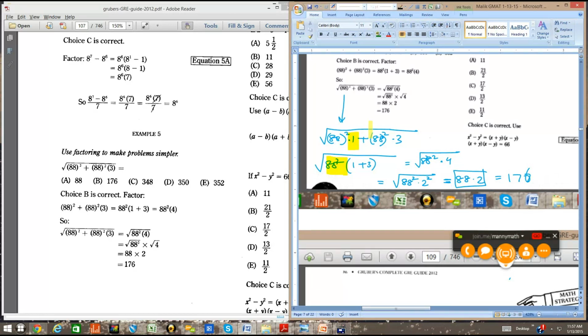When you say common, it's because both parts have 88 square. You have this part and this part. Both parts have that, right? When you take that out, you have 1 plus 3 remaining, right? So you have 88 square times 4. Get it?